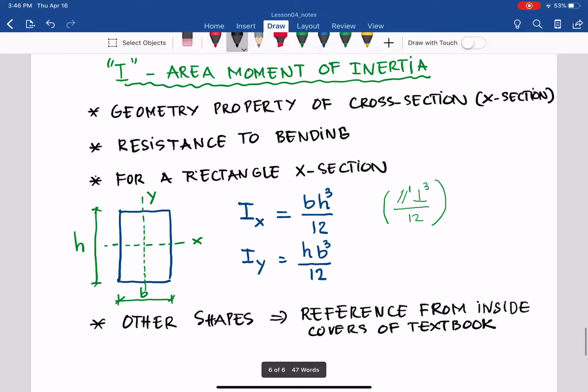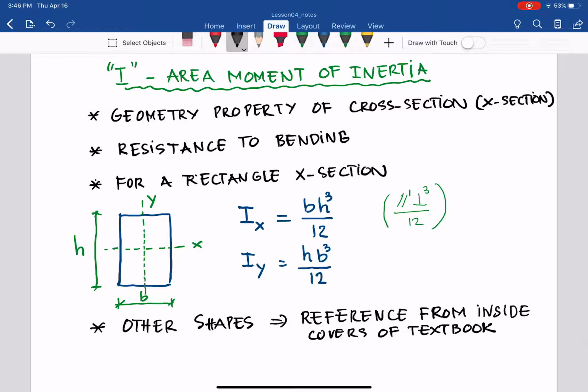Now the next question is, with the composite shape, how can we find out the area moment of inertia? Then that goes back to a concept similar to what we did in the mass moment of inertia. If you recall, how can we find out the mass moment of inertia? Did we make a table?